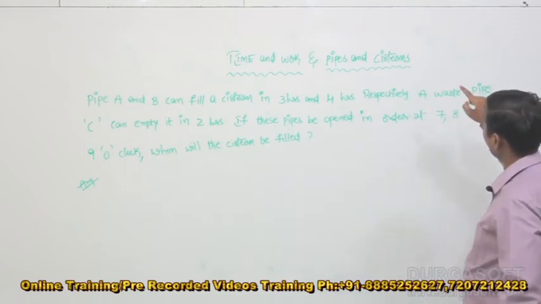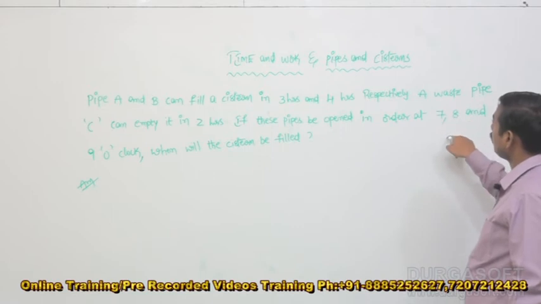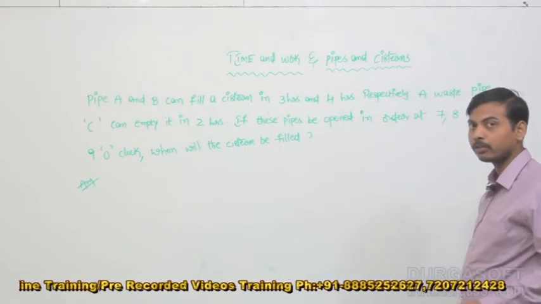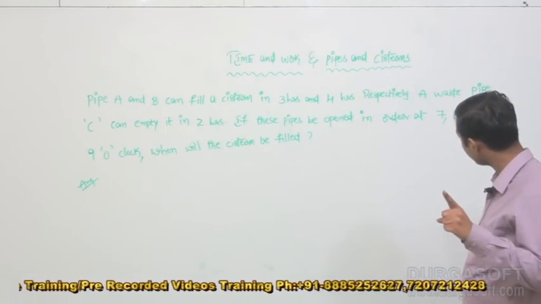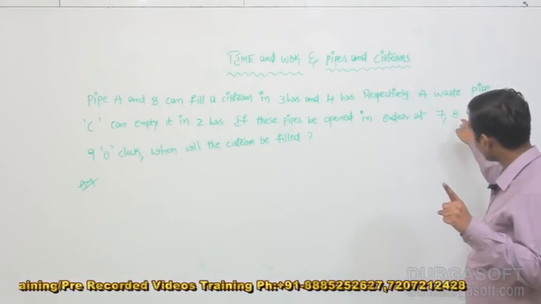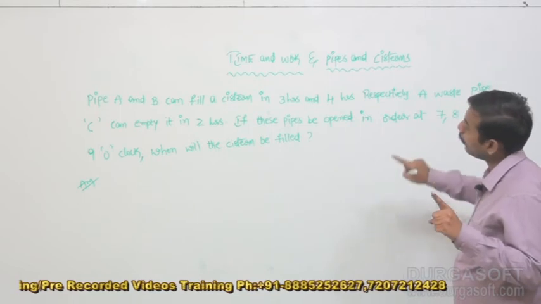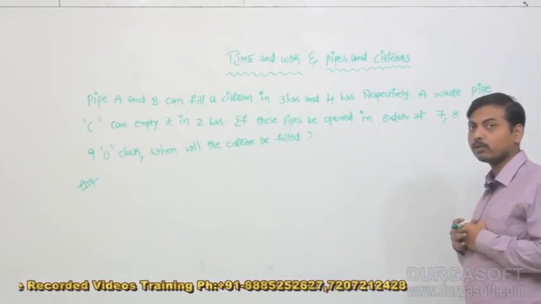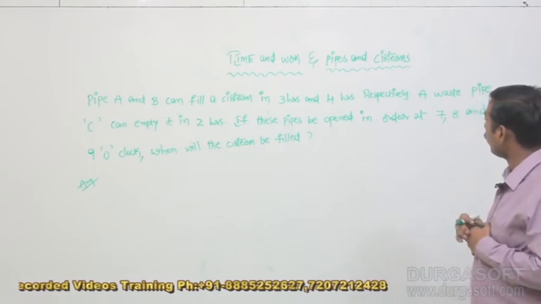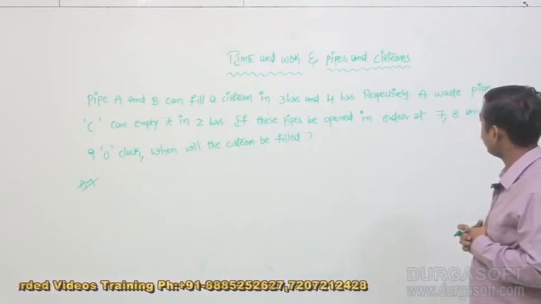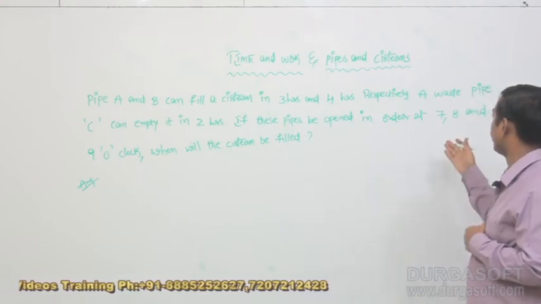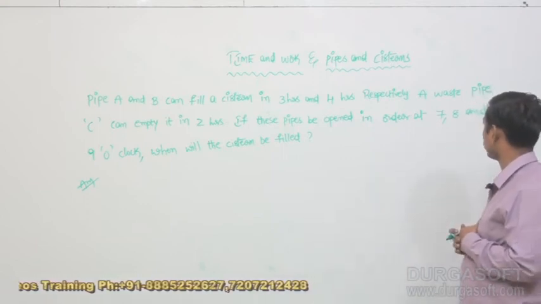At 7 o'clock pipe A was opened, which means pipe A has to work alone for only 1 hour. Why? Because at 8 o'clock pipe B also opened, which means from 8 o'clock onwards pipes A and B have to work together. That is the meaning here, my dear guys.